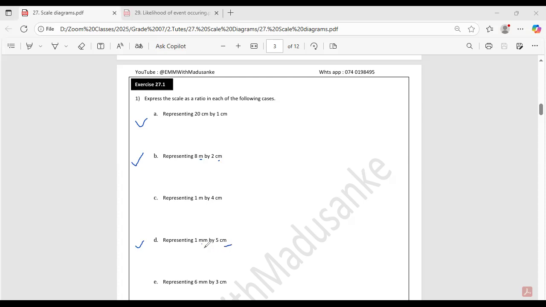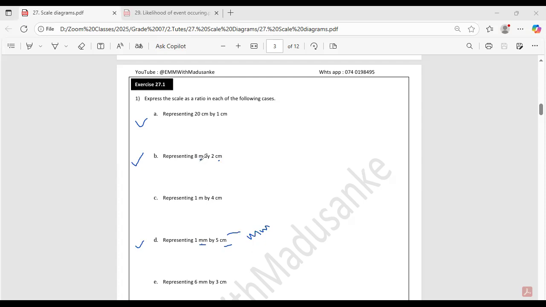What is the small unit? Millimeter. So convert centimeter into millimeter. By comparing millimeter and centimeter, you can find millimeter is the small unit. So convert this centimeter into millimeter, then you can find the ratio.